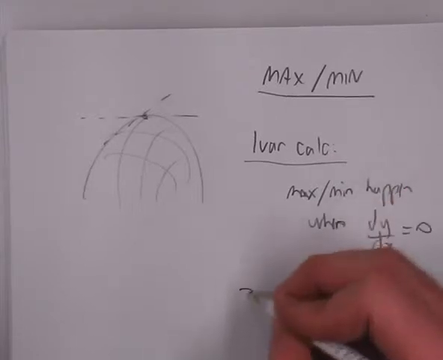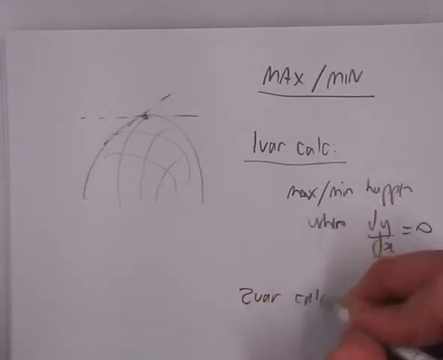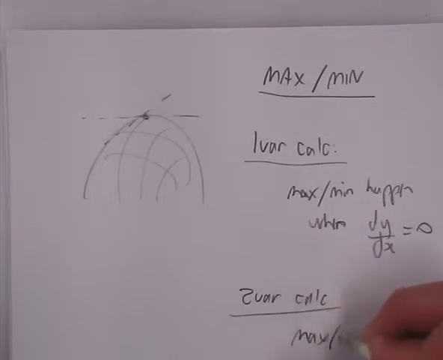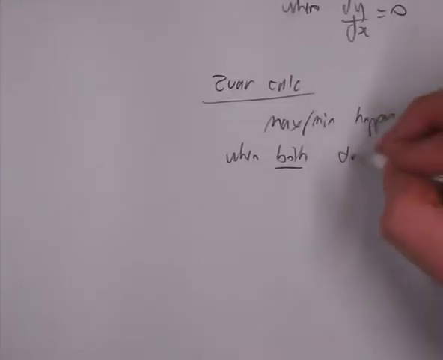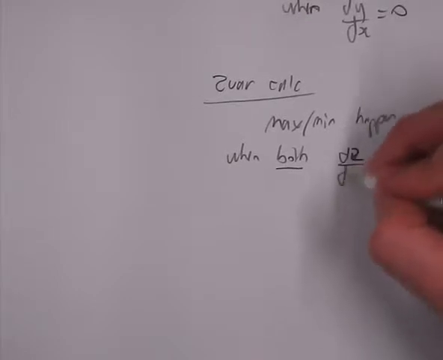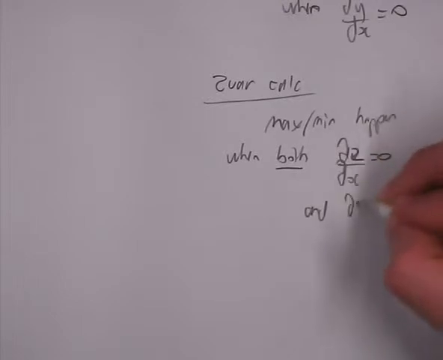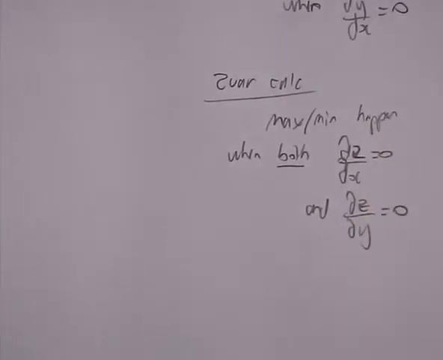Okay? In two variable calculus, the maximum or minimum happen when both dz on dx and dz on dy are both 0 at the same time.